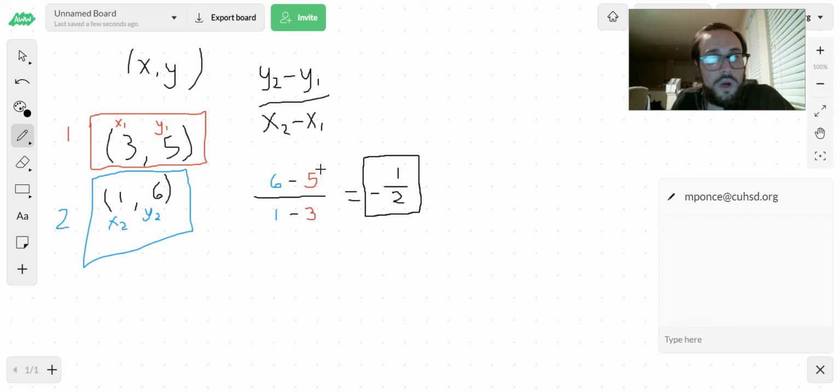And again, the 1 and the 2 come from set 1 and set 2. Coordinate set 1 is in red there. Coordinate set 2 is in blue. And then you just pop them where they go in the formula. You can label them x1, y1. The 1 comes from the set, right? x1, y1, x2, y2. You just put them where they go in here, the formula, and you're done.